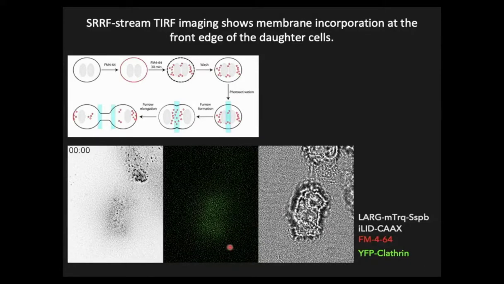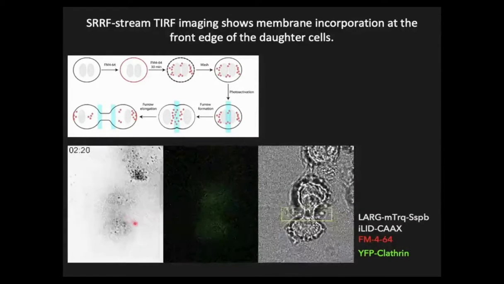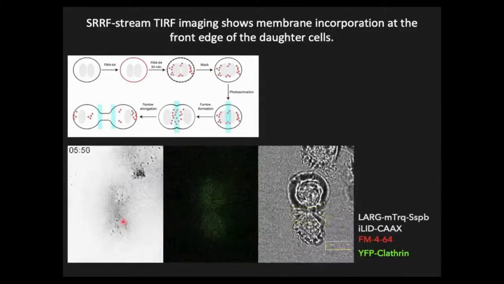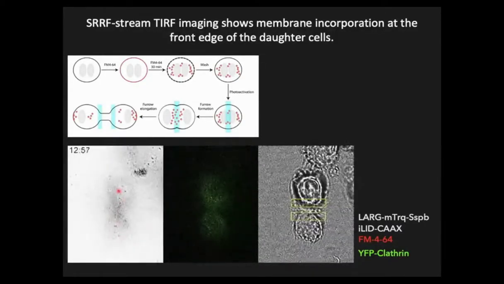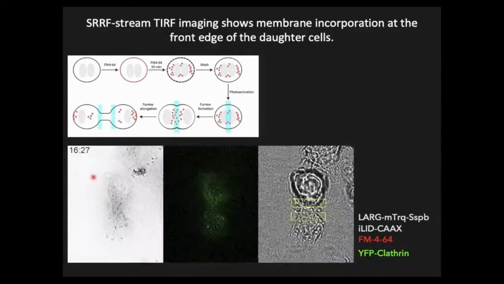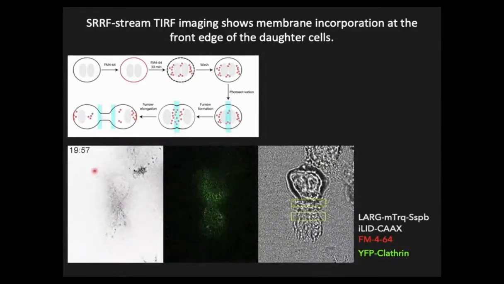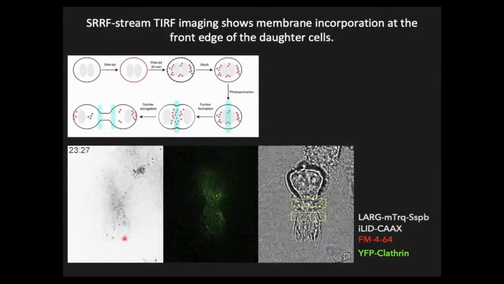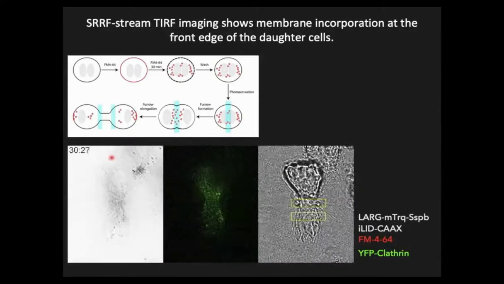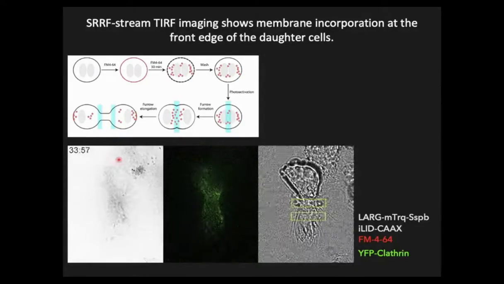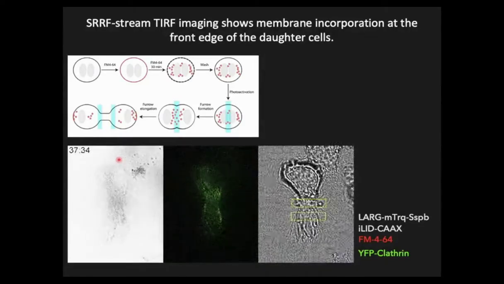And as you will see in the beginning, the vesicles are in the middle. After induced furrow formation, we can see some vesicles moving to the front, and after some minutes, a line of FM4-64 fluorescence appears at the front edge of the cell, indicating that vesicles are incorporated into the plasma membrane.